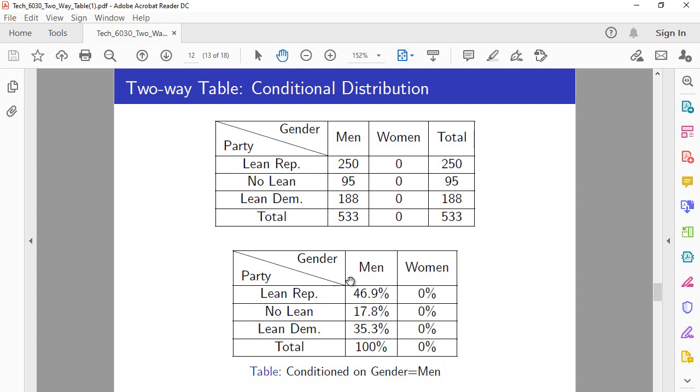So the second table here is known as the distribution of the variable party conditioned on the gender value equal to men. Again, this is the conditional distribution of the variable party conditioned on the gender value equal to men.